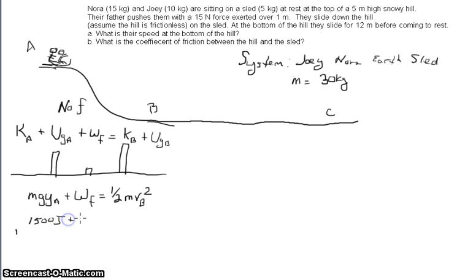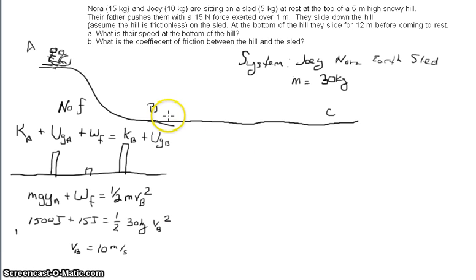The work done by their father would be 15 joules, and that will equal the kinetic energy at part B. So this would be 1/2 times 30 kilograms times the velocity at B squared. When you solve for the velocity at B, you end up getting 10 meters per second. I think technically it's 10.05 meters per second, but we'll round to 10 in this case.